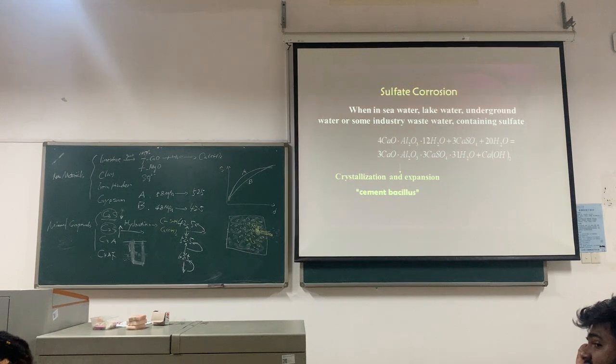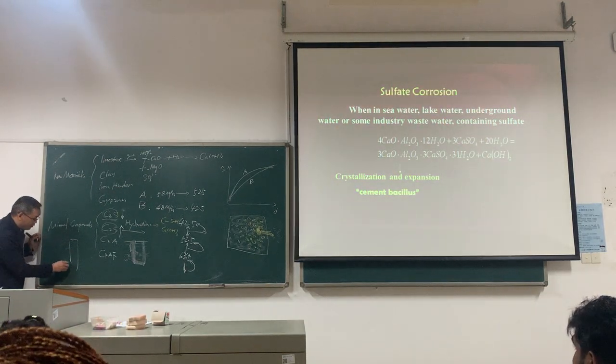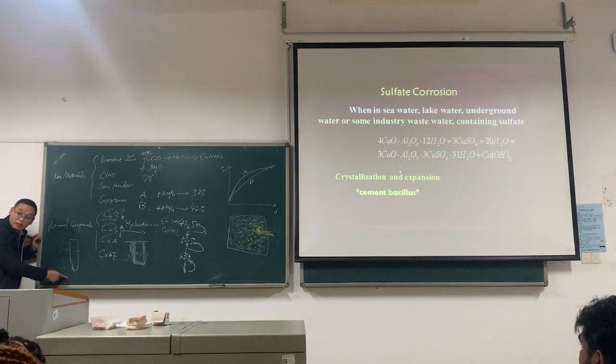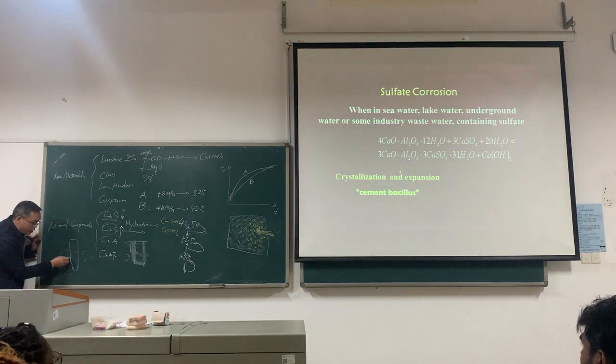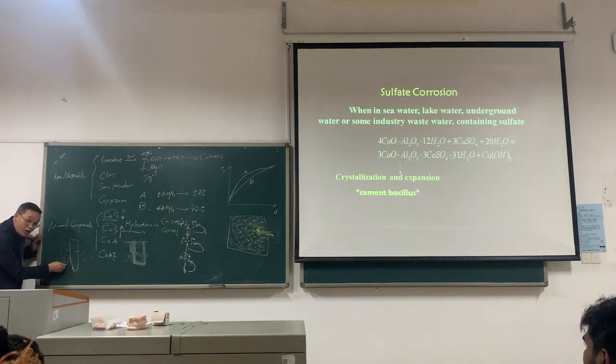So what will be the effect on this pipe? Just like this is a concrete pipe, and we need to put it underground, in soil for 100 meters. Maybe there is some underground water.